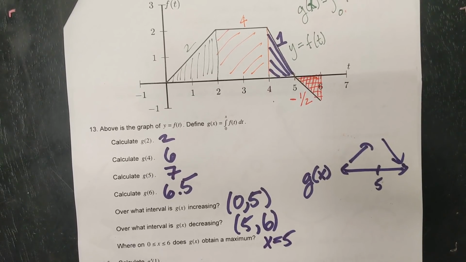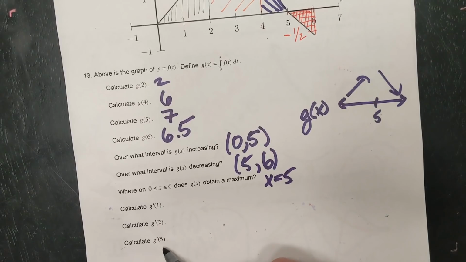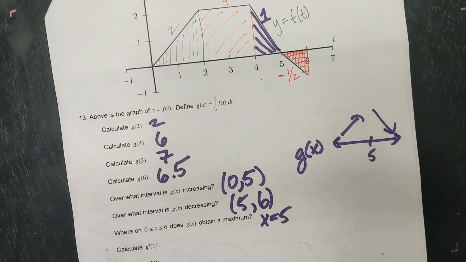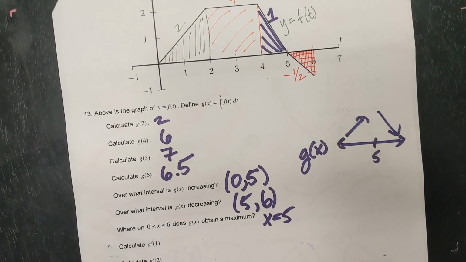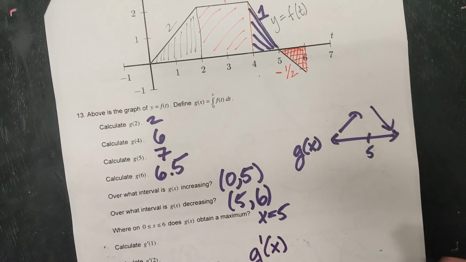Okay. We're then asked to calculate a few derivatives: g prime of 1, g prime of 2, g prime of 5. It's like, okay, a derivative of the integral. This is the fundamental theorem of calculus kicking in right now. Because remember, g prime of x, what is that going to be?